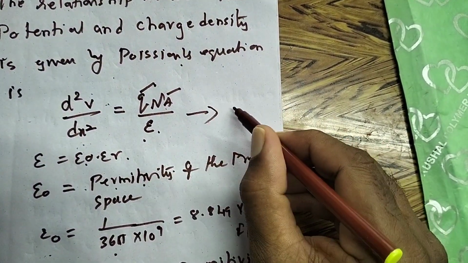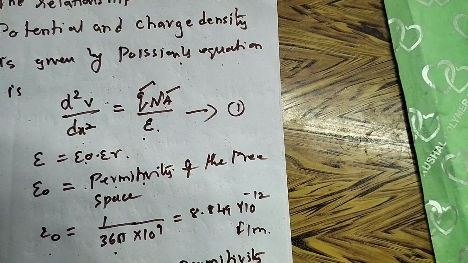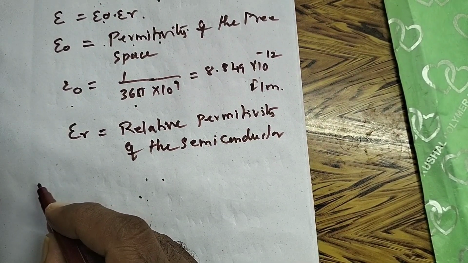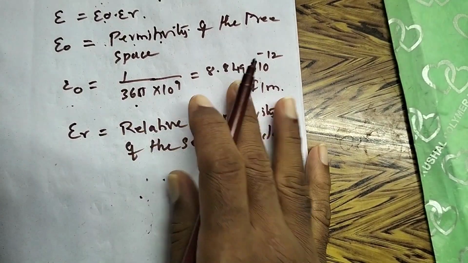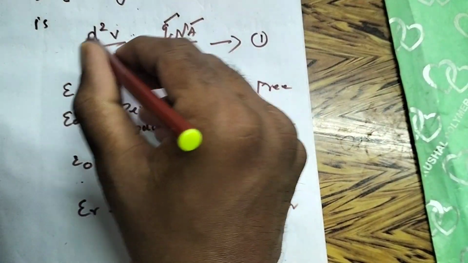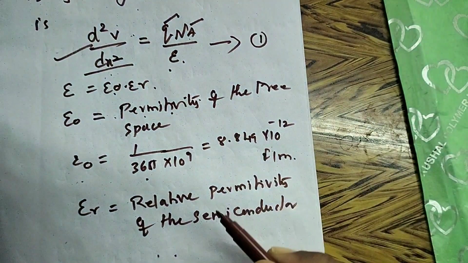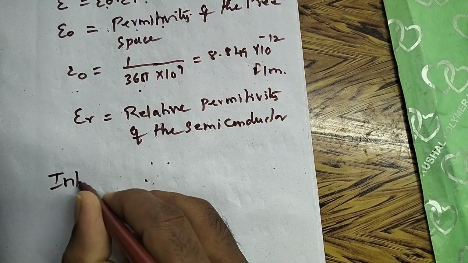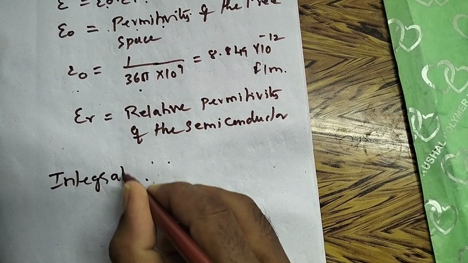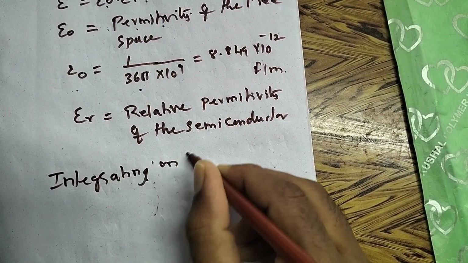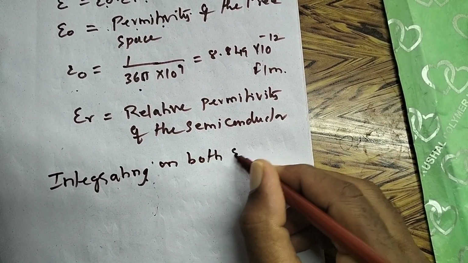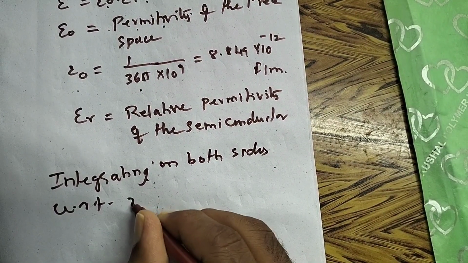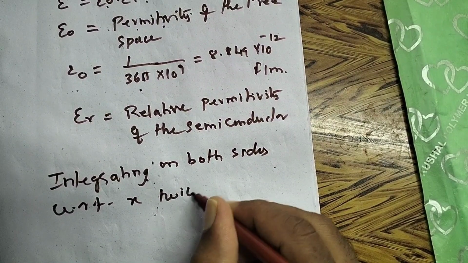Let us consider equation 1. From equation 1 I am going to integrate, because from this I need to find the voltage. So integrating on both sides with respect to x twice.